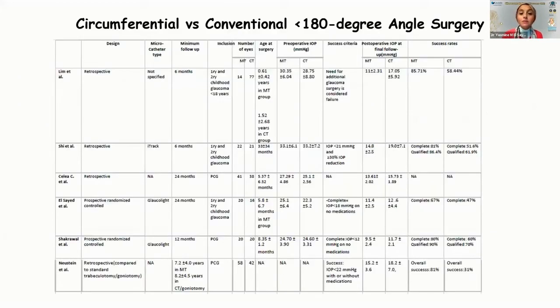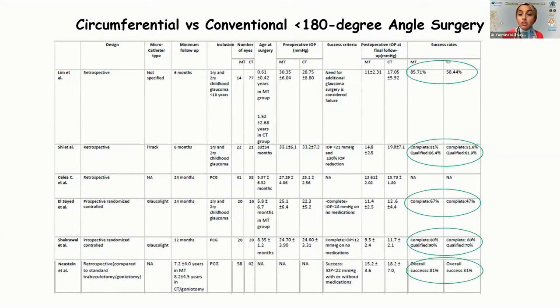But over the past few years, with the introduction of the illuminated microcatheters, the interest has started to rise again in addressing the whole angle circumferentially. And all the studies that have compared circumferential trabeculotomy with the microcatheter to conventional trabeculotomy or goniotomy have shown superiority in terms of success and IOP reduction when treating the whole angle.